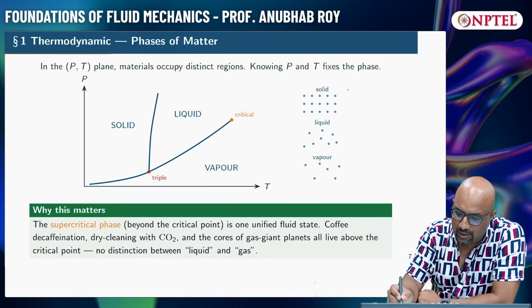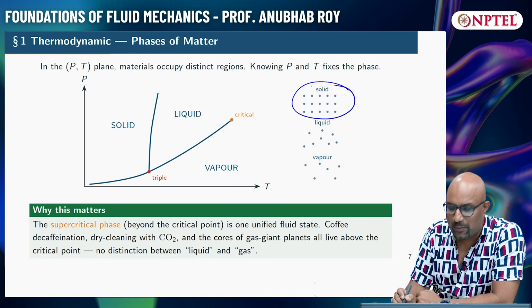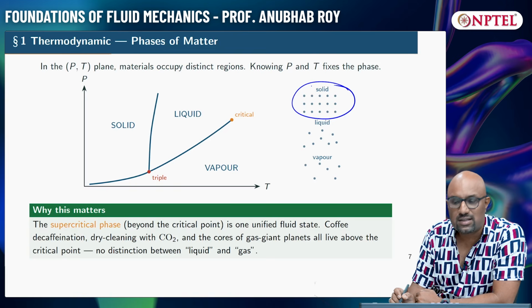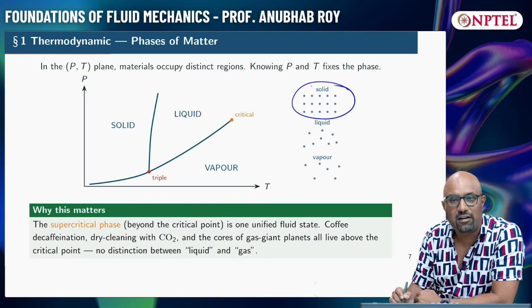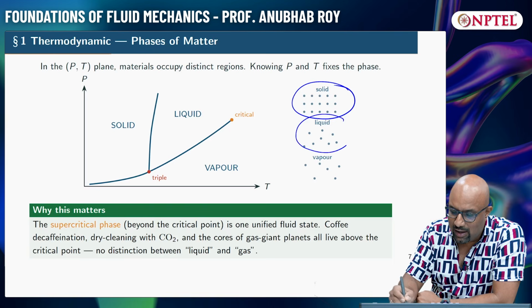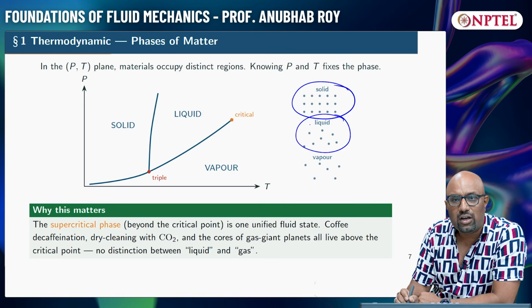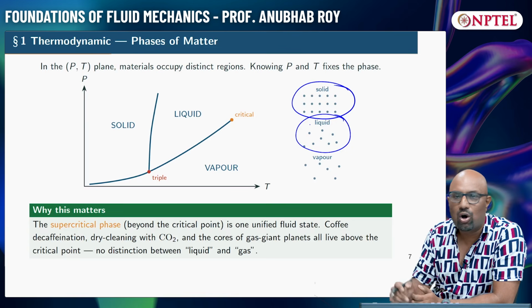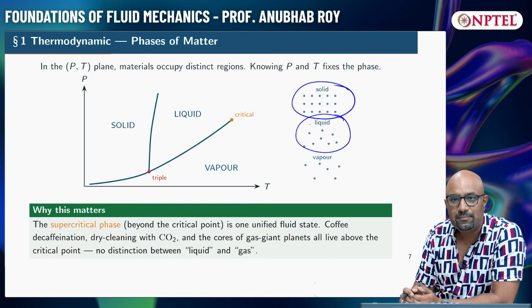If you were to probe a solid, and especially I have taken here an example of a crystalline solid, the atoms or molecules are going to be very nicely ordered. It's like students sitting in a class on their respective benches when the lecture is going on. A liquid is when these molecules are a bit out of their ordered state, but they have not yet completely gone into a fully disordered state.